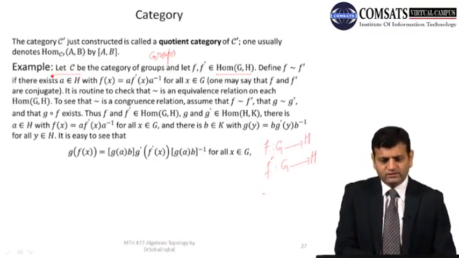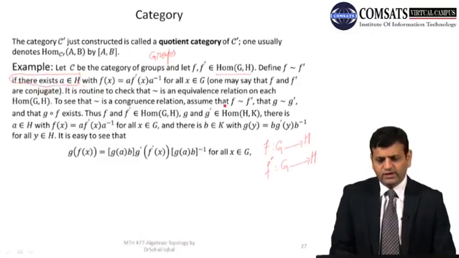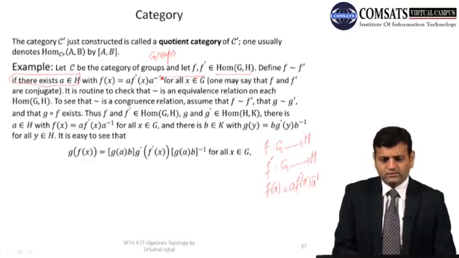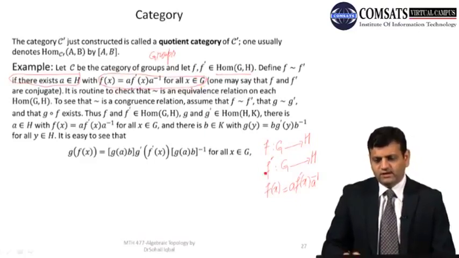So we say that these two homomorphisms are equivalent if there exists a belonging to H such that f of x is the same as a f prime of x a inverse for all x belonging to G. In other words, if this relation is satisfied, then we say that f is related to f prime.